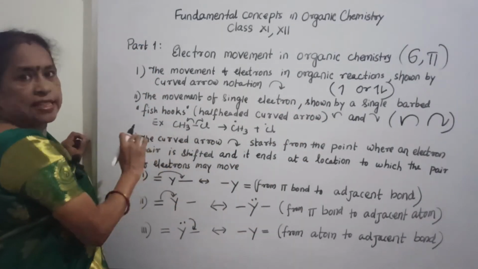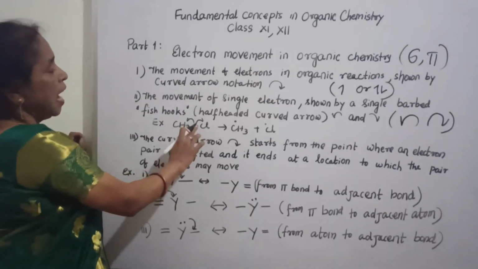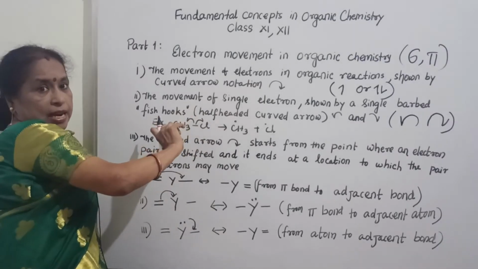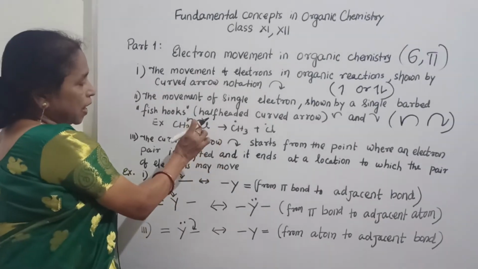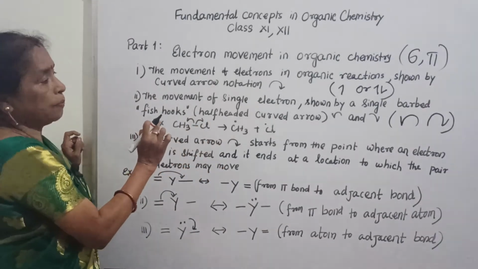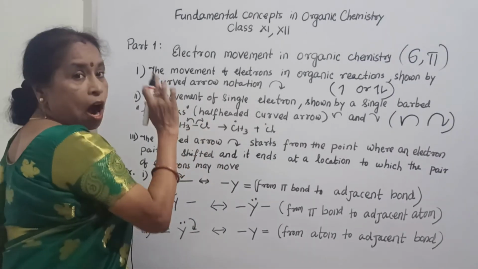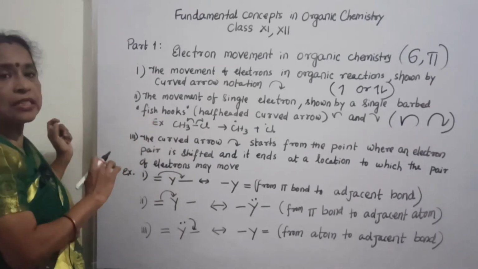Example, CH3Cl, this is a covalent bond, that is a sigma bond, and here one electron moves this side, one electron moves this side. Since one single electron moves, that is why it is represented by a half-headed curved arrow, or you can say fish hooks.